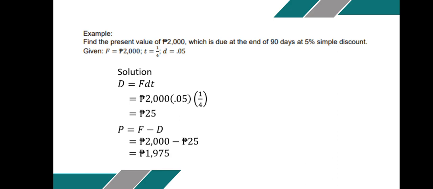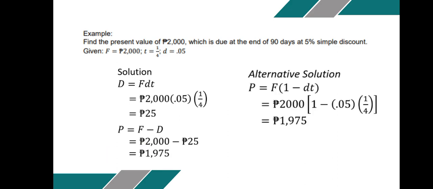So, 2,000 times 0.05 times 1/4 is equal to 25 pesos. And for the present value, P is equal to F minus D. So 2,000 minus the discount which is 25 pesos. So therefore, that is equal to 1,975.